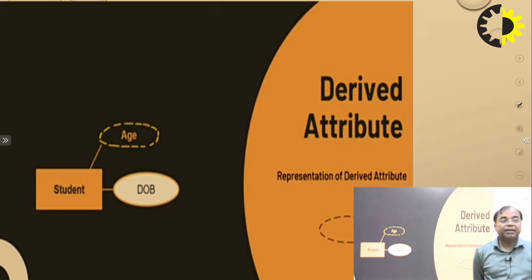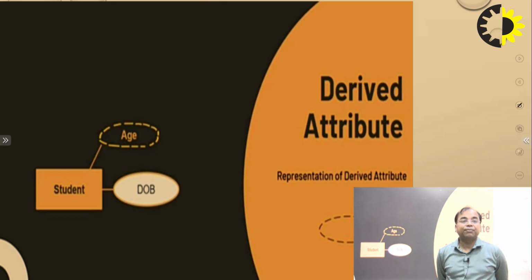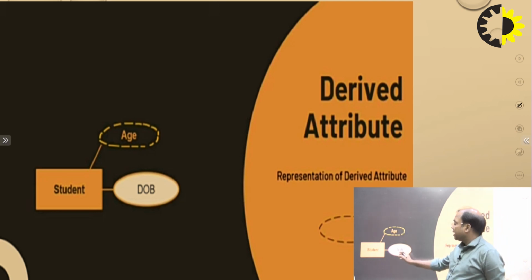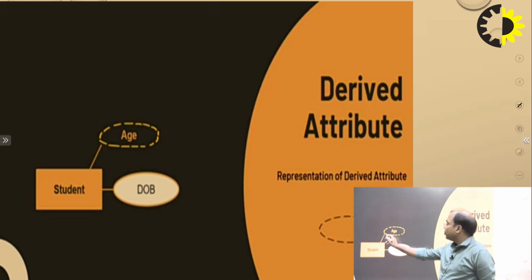So what is a derived attribute? A derived attribute is an attribute that depends on other attributes. The calculation or finding of that attribute can be done with the help of other attributes, and that is known as a derived attribute. So we can derive the age of a student with the help of the date of birth. That is why it is a derived attribute, and it is denoted by a dotted oval.